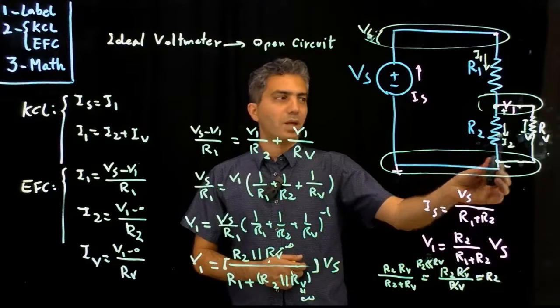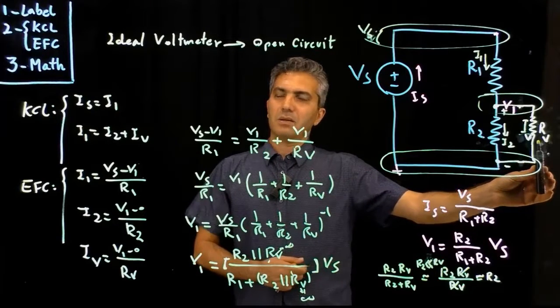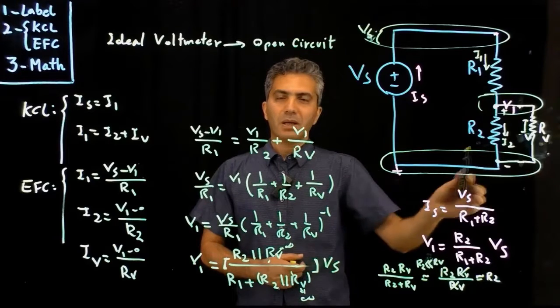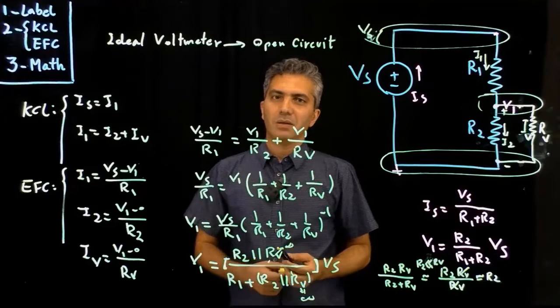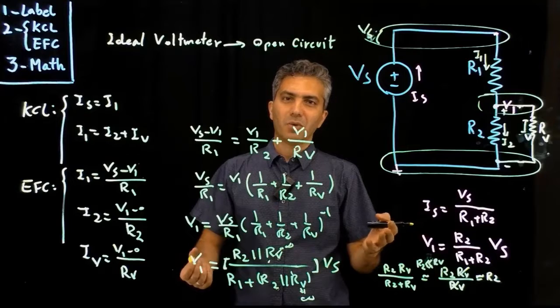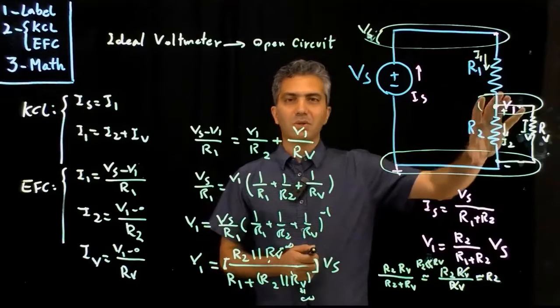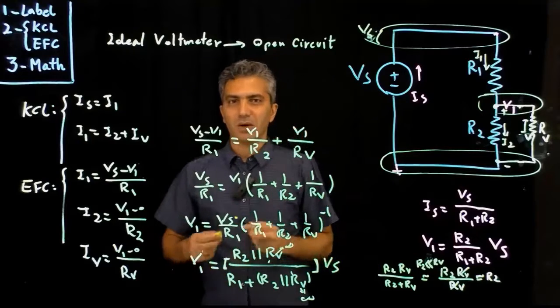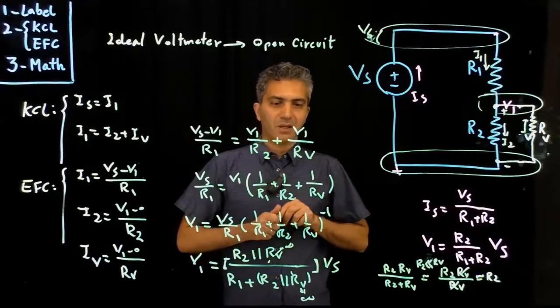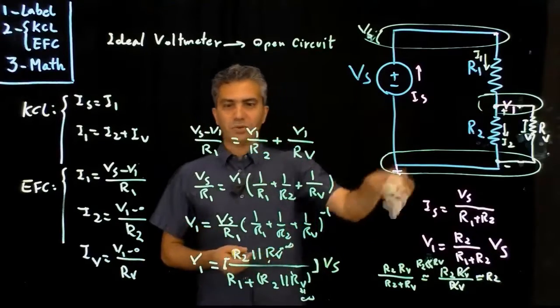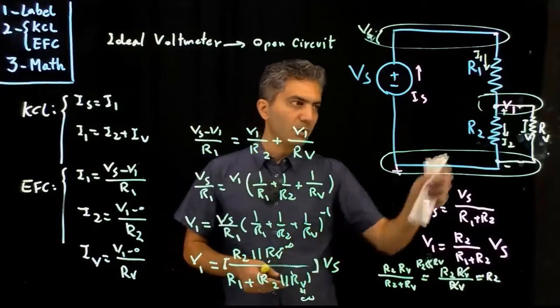So if R2 is 1 meg and RV is 10 meg, the result of R2 in parallel with RV is not going to be close to 1 meg anymore. It's actually about 10% off. And that means that the measurement would be about 10% off in terms of accuracy. So you have to be mindful of that when you're doing measurement.